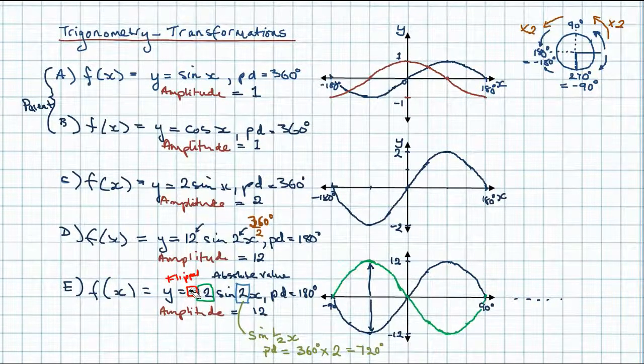But you do want to take account of that negative, because that's going to tell you whether the curve is flipped or not. And finally, you want to have a look at the coefficient of x, because that's going to tell you about the period. Okay, well, that's the idea, but I think what you want to do now is to practice some curve sketching, and again, there'll be a video to help you do that.